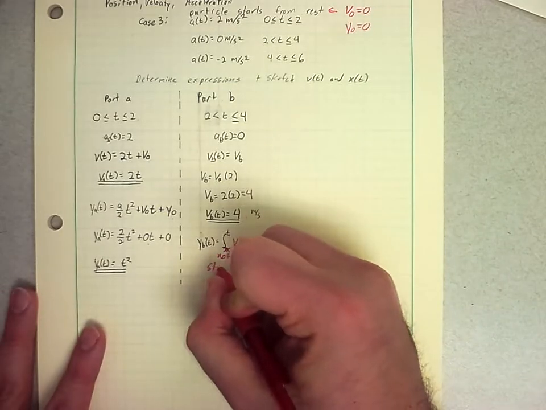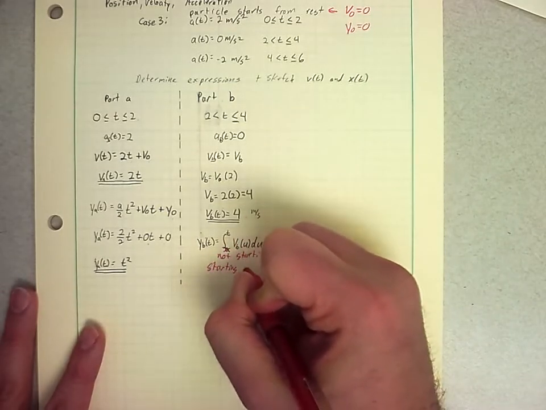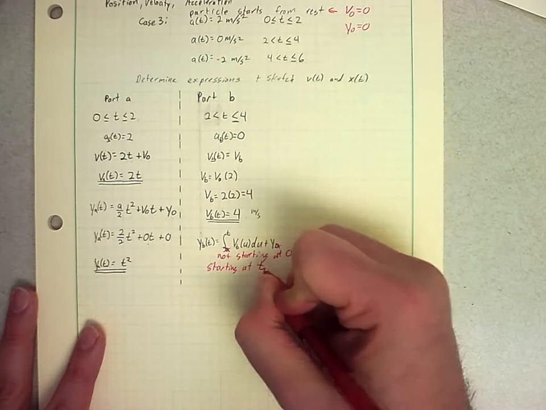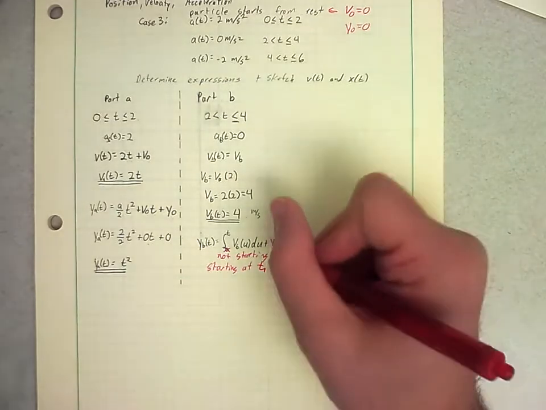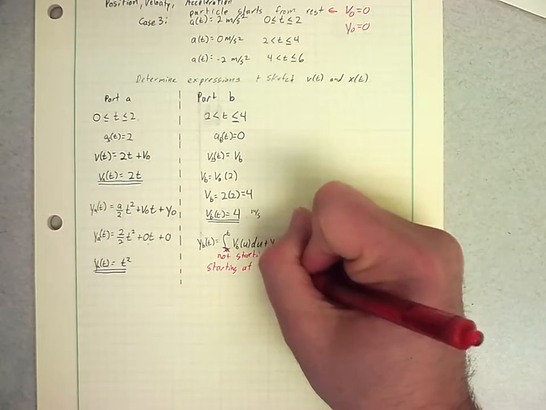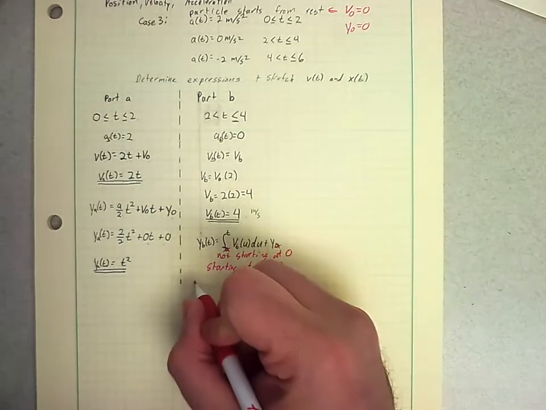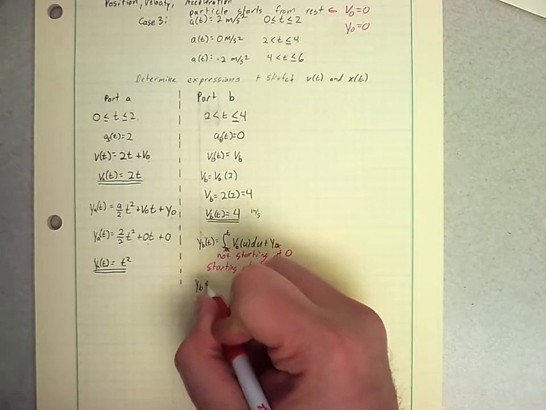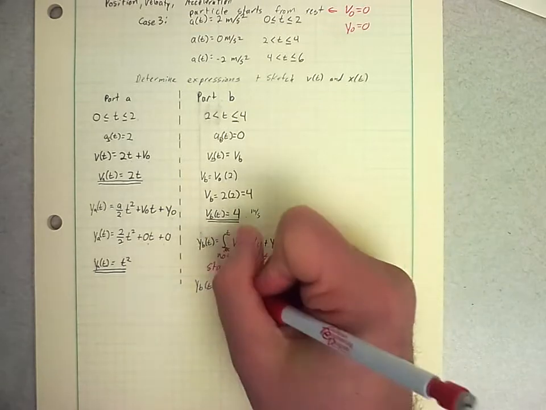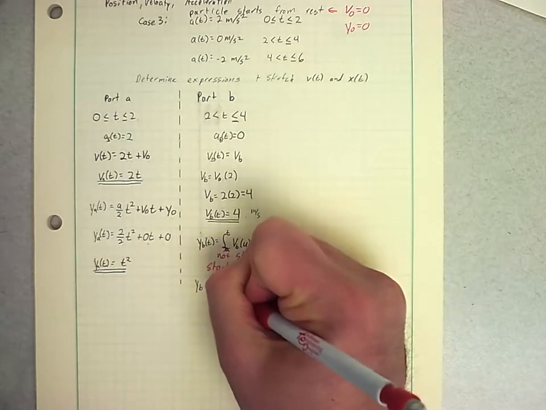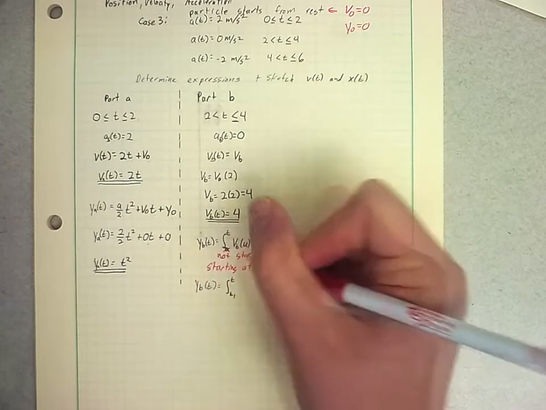Instead, we're starting at some sort of time. And in this case, that time is 2. But generically, y of t is going to be the integral from t1 to t.